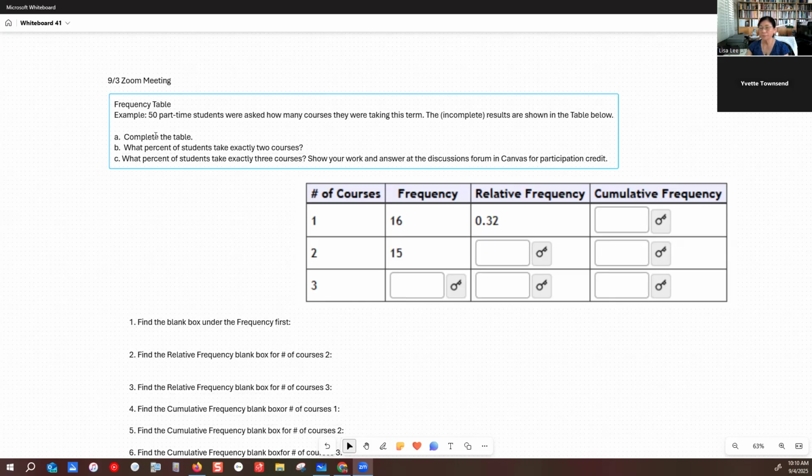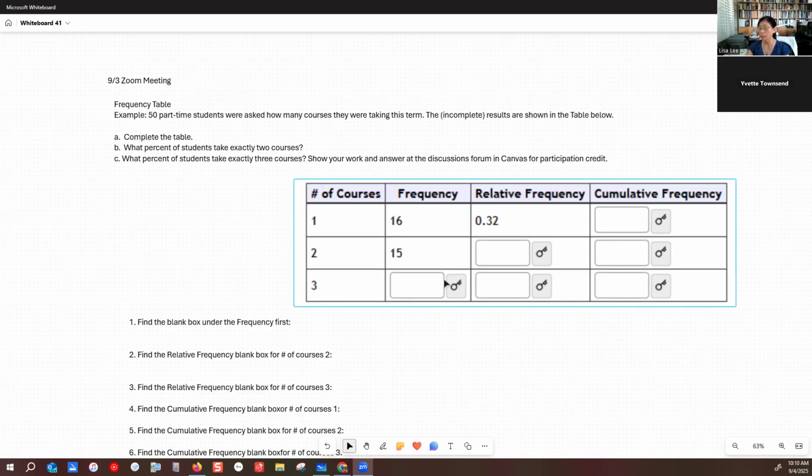Item A, just complete all the empty boxes, right? We can see there's the first box under the frequency and two blank boxes under relative frequency, and three empty blank boxes under cumulative frequency.